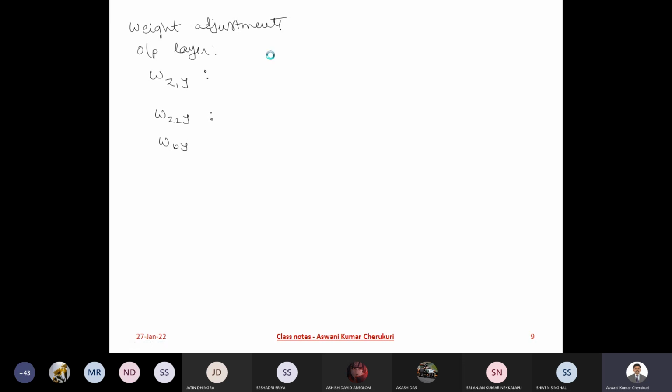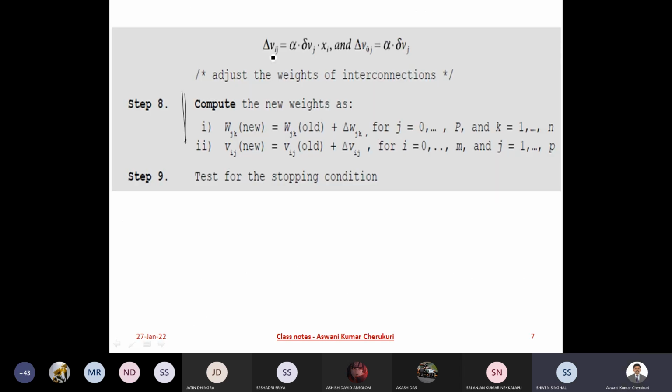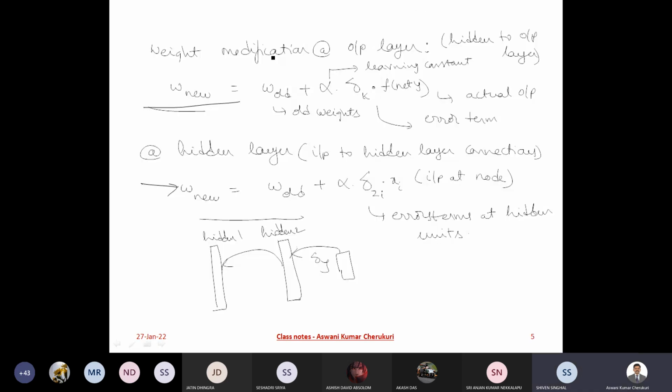We have already mentioned it: the old weight plus... all of you note this. If it is at the output layer, old weight plus the learning constant, the corresponding error term at the layer, which we now call del y, and f net y, that means the actual output.